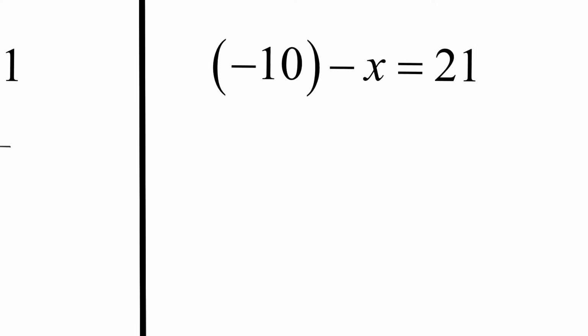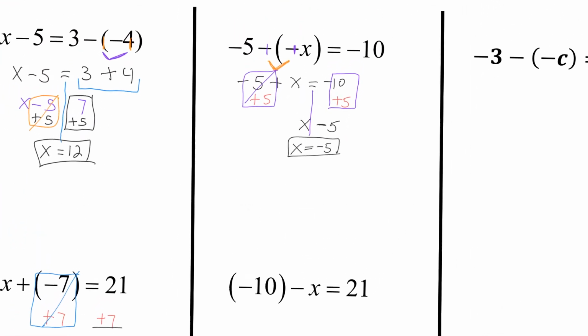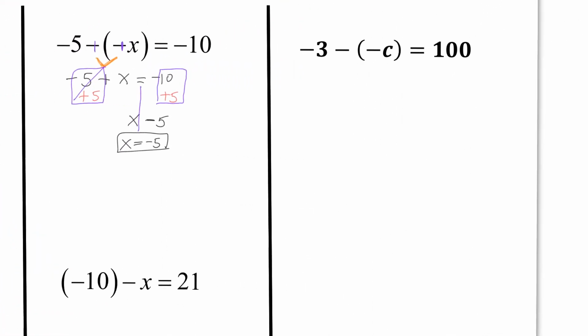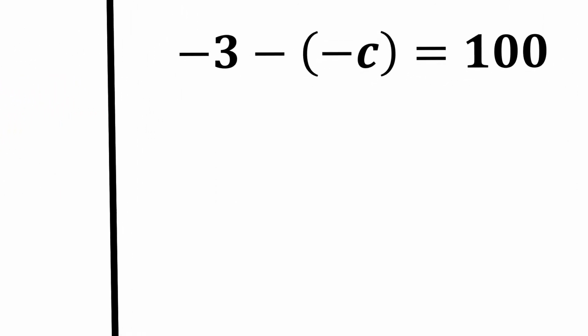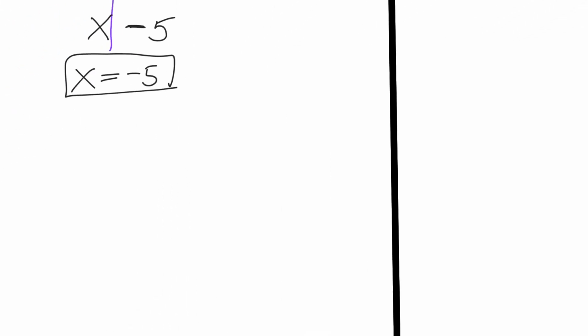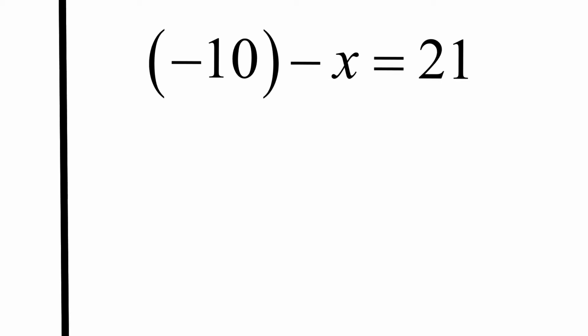Let me just refresh your memory and show you where you can see a negative times a negative. Like example over here, even though I didn't do this example, you guys do have a negative times a negative. Negative, negative, and parentheses in between. There's no number or a variable in between those two negatives. So when you guys have this type of equation, do not change the sign.